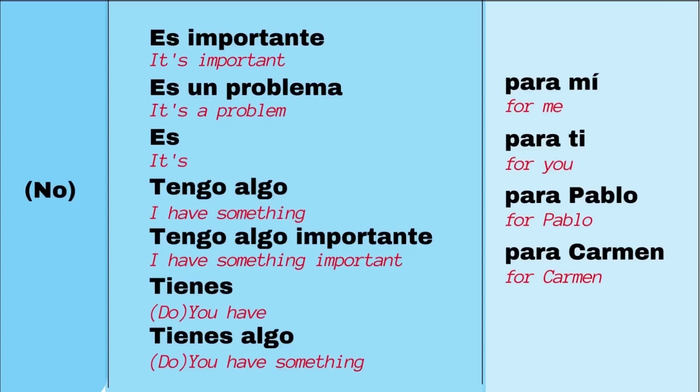And before we continue, it's worth mentioning that what we have here is a base, and this is actually where we start the ProSpanish course from, but you can already see how quickly we can branch out from this, how we can change es importante to es urgente, it's urgent, or es interesante, it's interesting.